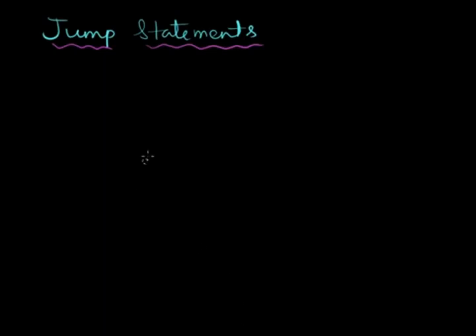Now the break statement we have just seen is nothing but a jump statement. It jumps the control out of something. So we have three types of jump statements actually supported by the C language. First is break, which we have seen. Another is continue.